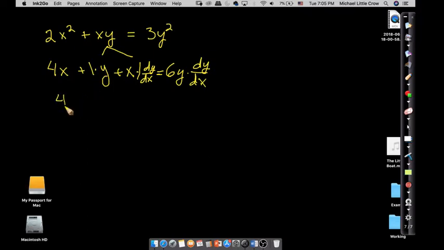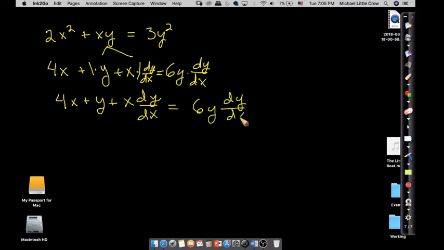This is 4x plus y plus x dy dx equals 6y dy dx. And we need to solve for dy dx. So what do you suggest? Got the dy dx things on both sides of the equal sign.